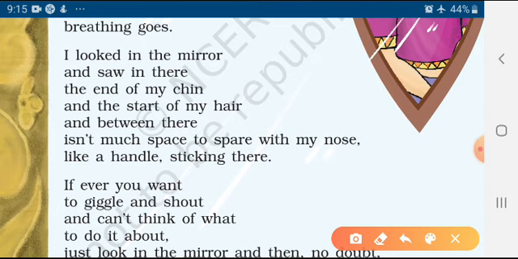The girl is saying that she looked in the mirror and saw that her end of chin, it means the end of face, and the start of my hair. She is saying that my hair starts growing, and between there isn't much space to spare with my nose.